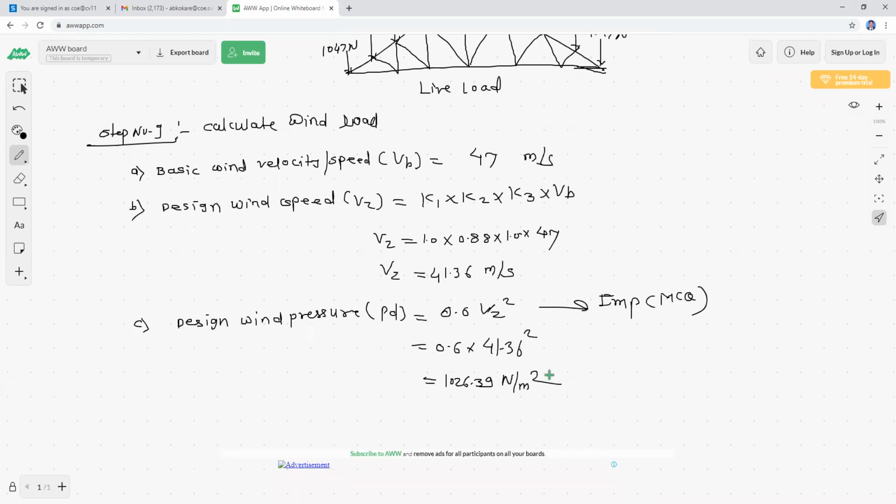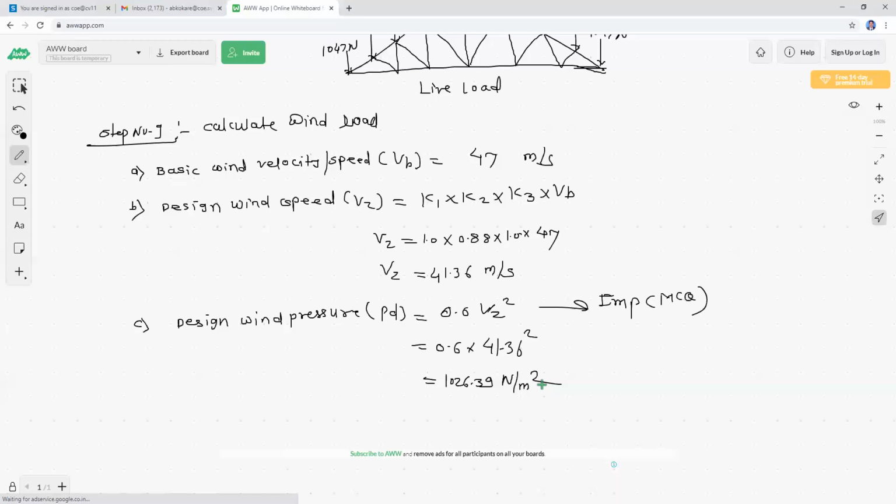It means on every meter square area, 1026.39 Newton force will be acted by the wind.